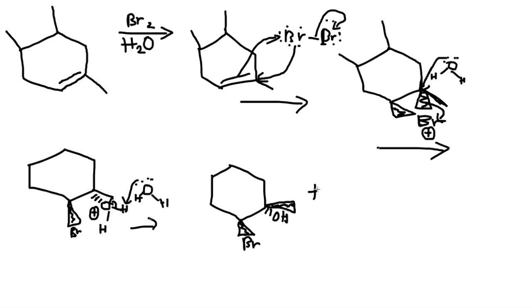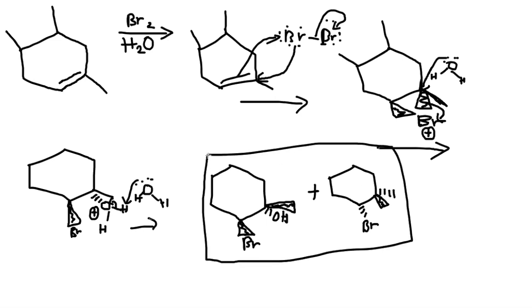Okay, now this has an enantiomer. Bromine has the wedge now, OH would have the wedge, and we have a methyl group coming off. Right, and so this would make sense because we said that bromine would be on the carbon that has the least amount of substituents, and OH would be on the carbon that has the most amount of substituents, so that would be there.